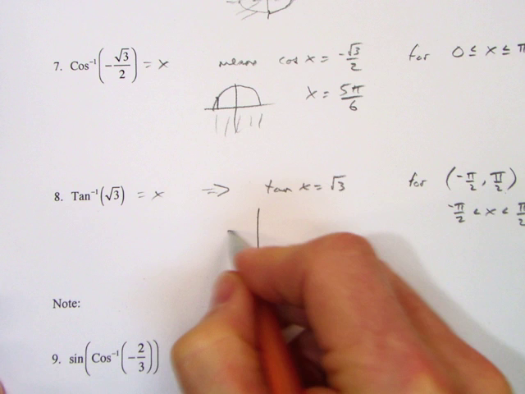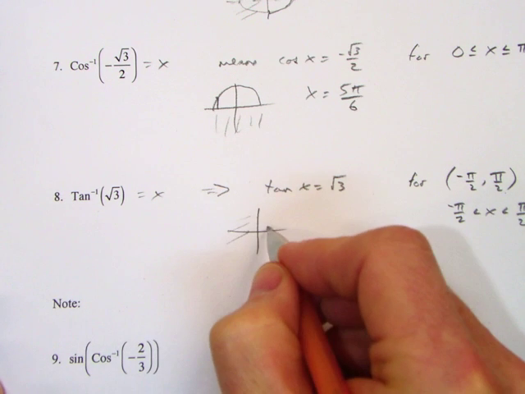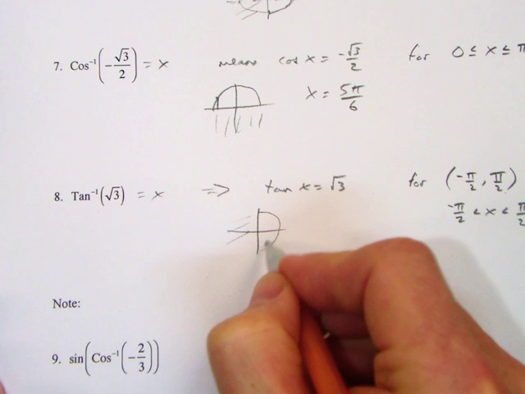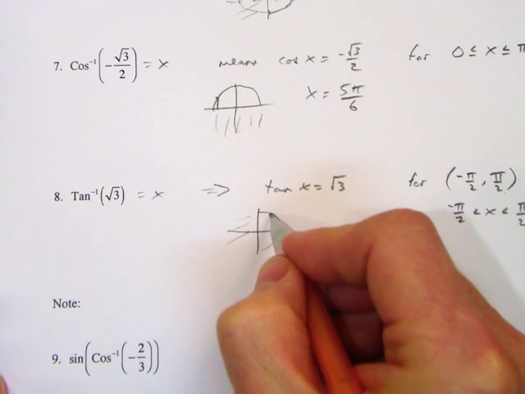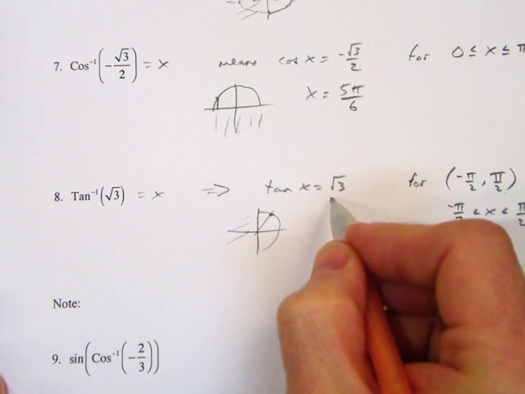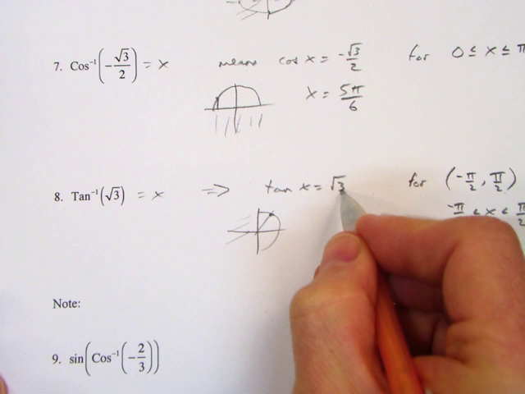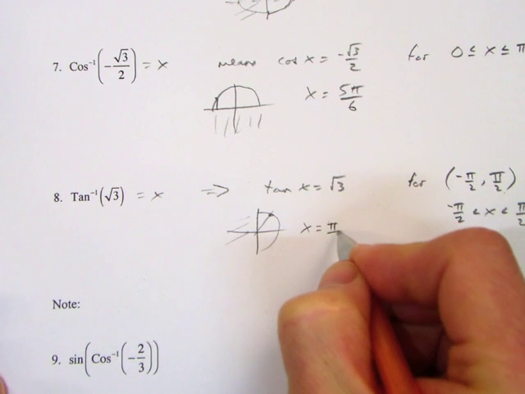So when we're looking at that, we're eliminating this piece. Tangent's positive in the first quadrant, so that's up here. Square root of 3 over square root of 3. And that would mean that the sine would be root 3 over 2 and the cosine would be 1/2. So that would be at pi over 3.